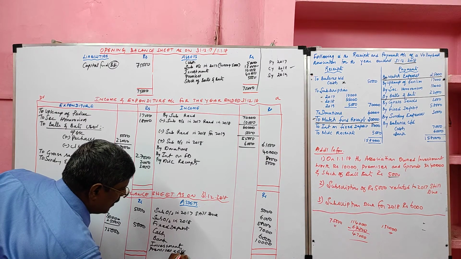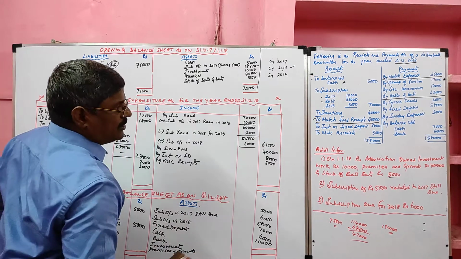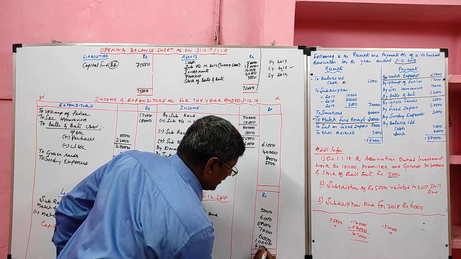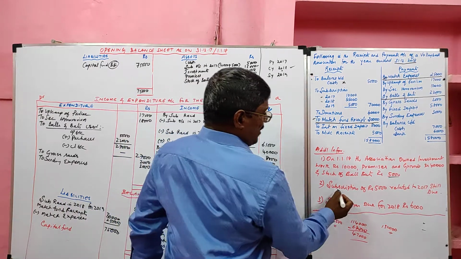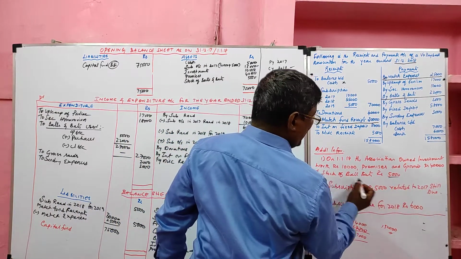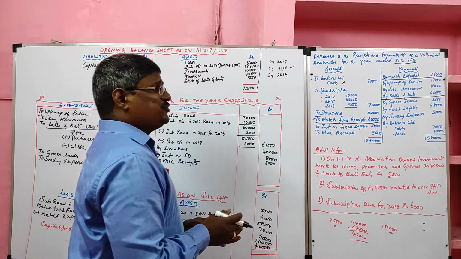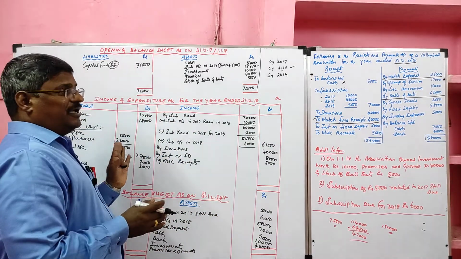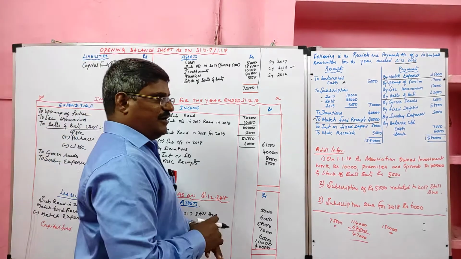Premises and grounds should be recorded in the opening balance sheet asset side as well as in the closing balance sheet asset side. Then opening stock of balu bat, we can use only for the calculation of balu bat used. For no other purpose, we need not use that.